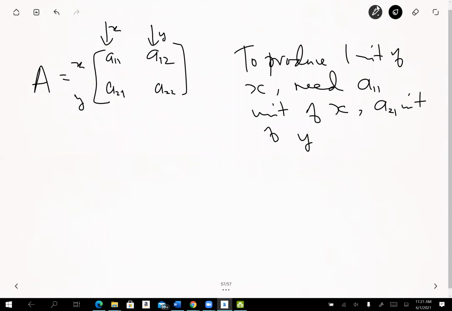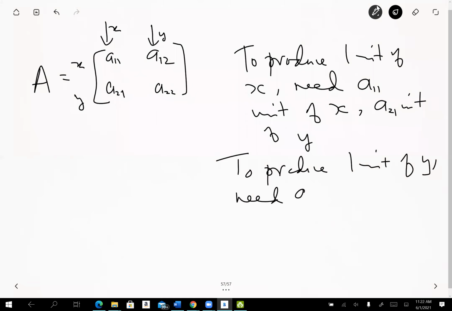To produce 1 unit of X, we need as input A11 unit of X and A21 unit of Y. So the second column would be to produce 1 unit of Y. What do I need?